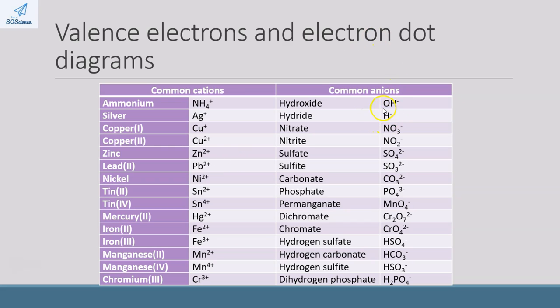When it comes to hydride, remember that hydrogen can make the H plus ion if it loses an electron, but if it gains an electron, then it forms hydride, which is H minus. Now, all the rest we can see are ionic compounds, meaning that there are 2 different types of atoms that are chemically bonded to each other.